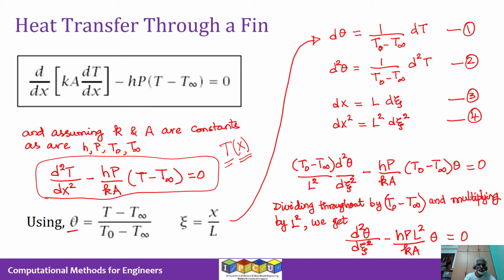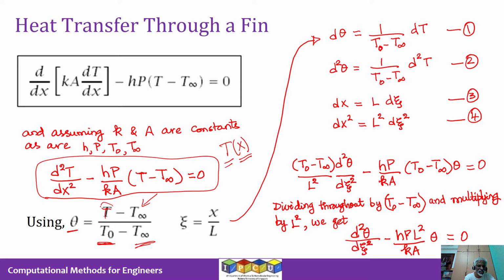I'm going to define this new dimensionless parameter theta, which is the temperature at any position T minus T infinity, the ambient temperature, divided by T naught, which is the temperature at the base of the fin, minus T infinity. So both the numerator and denominator will be in temperature units. If you take the ratio, you will get a dimensionless quantity, which is theta.